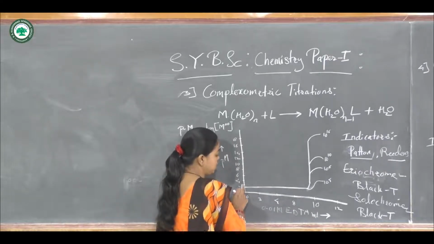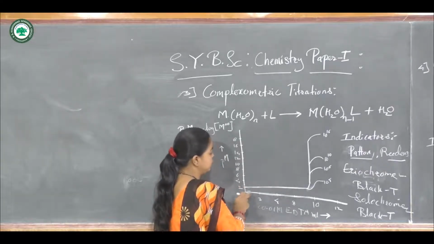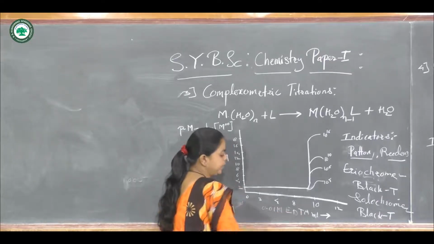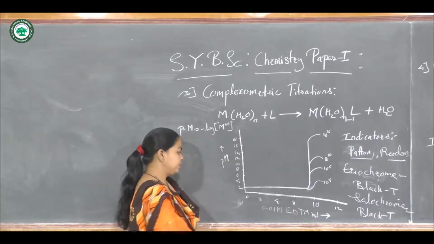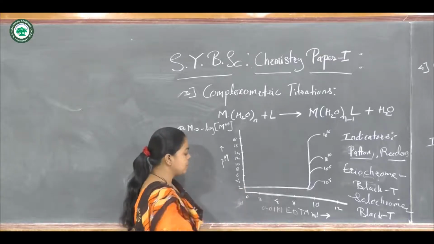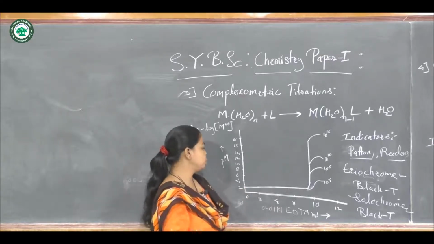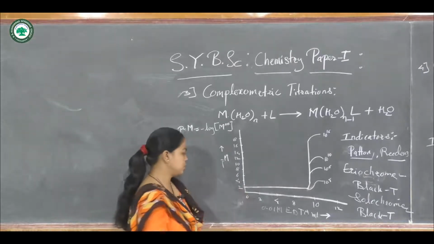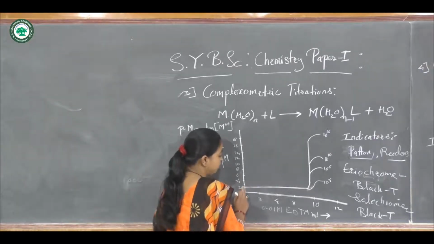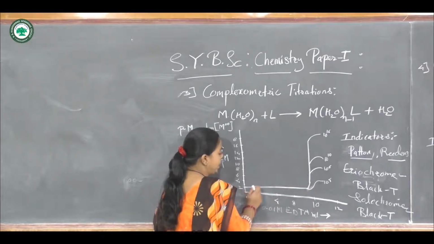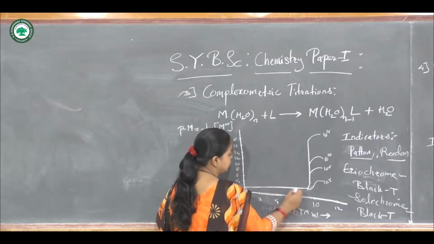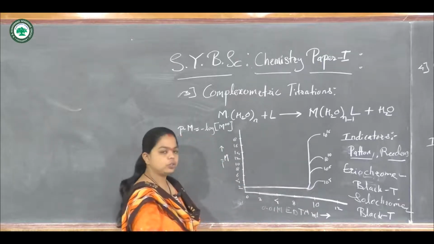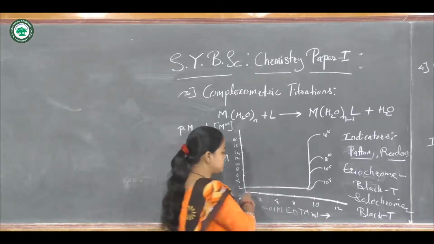Now if we study the change in the metal ion concentration with the EDTA solution, this graph starts from the value of 2 for the metal ion concentration, and it is straight. There is no increase in the concentration of the metal ion at the start.